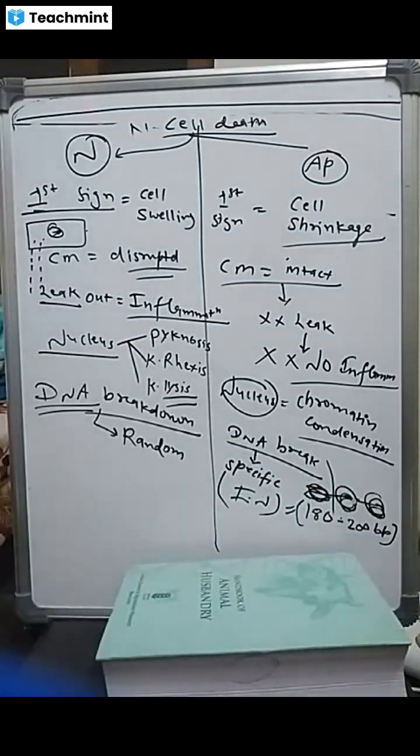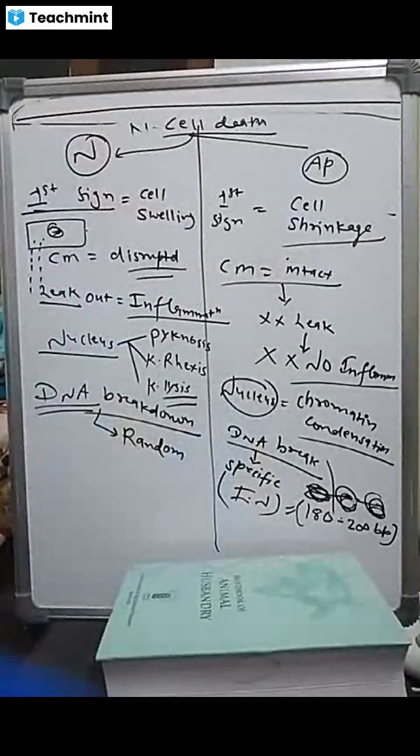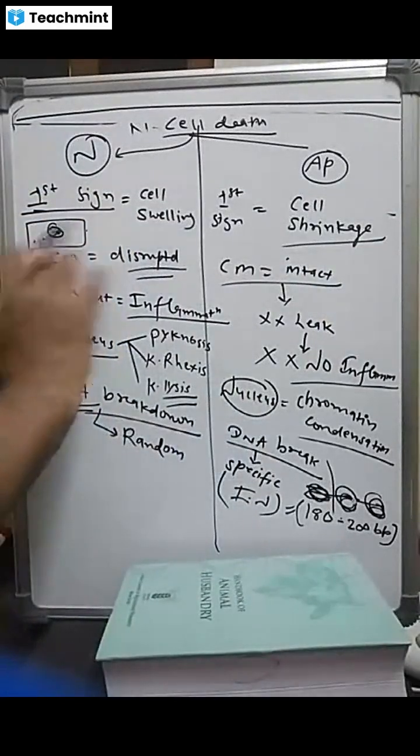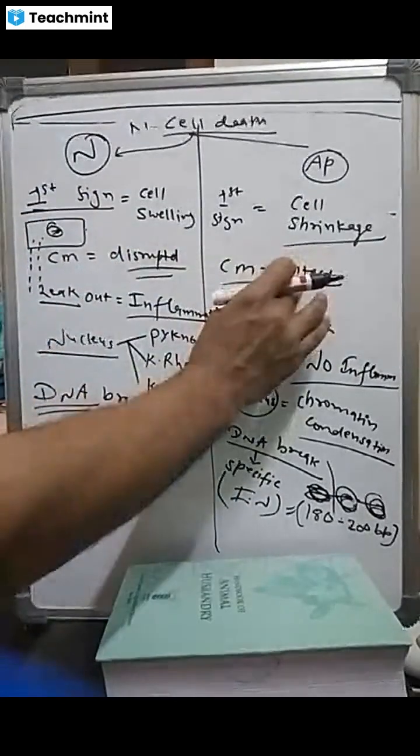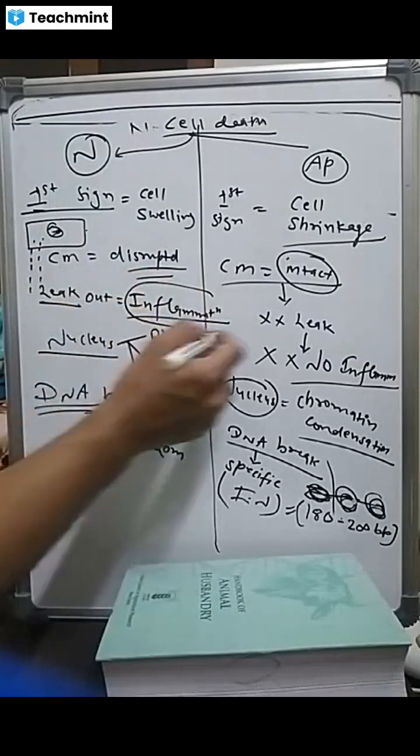So these are some of the small differences between the two patterns of cell death. First sign: swelling of the cell in necrosis, shrinkage of the cell in apoptosis. Here the cell membrane is disrupted, content leaks out, so there may be inflammation.